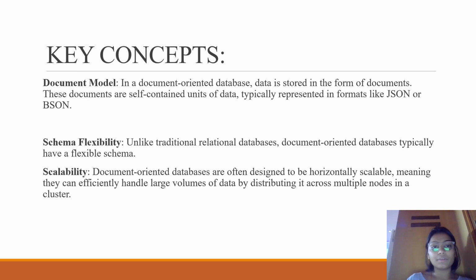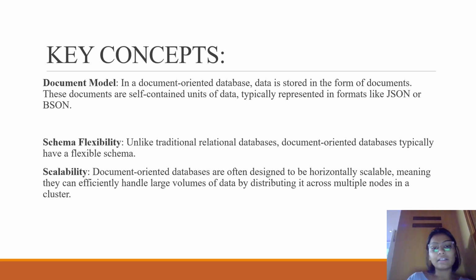The key components of document databases are document model, schema flexibility, and scalability. In a document model, document-oriented databases generally store the data in the form of documents, where these documents are self-contained units of data typically represented in formats like JSON or BSON. The second is schema flexibility.